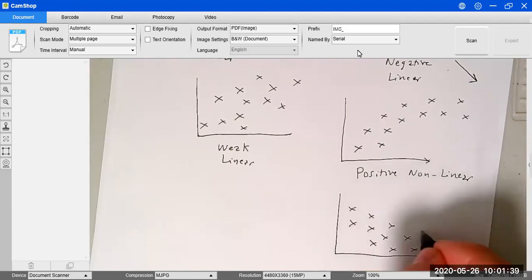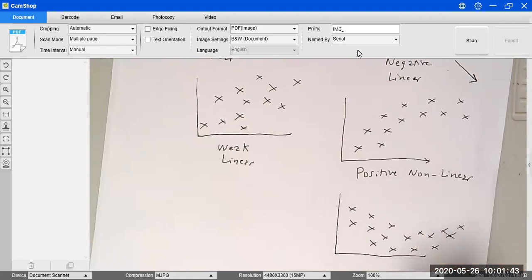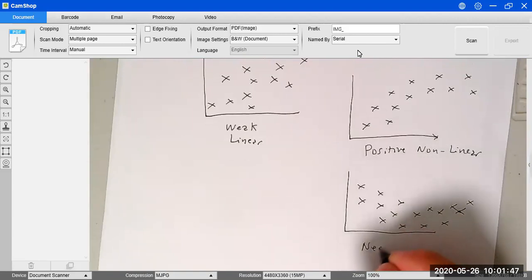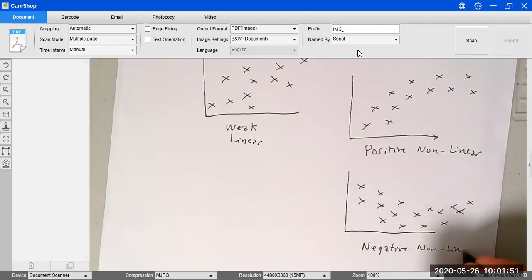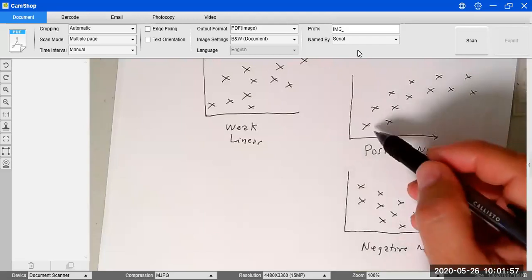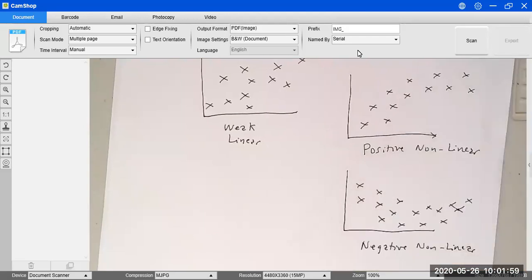The points are following a curve. So in this case, it's a negative non-linear, because the values are decreasing. In the previous case, the values are increasing as you move to the right.